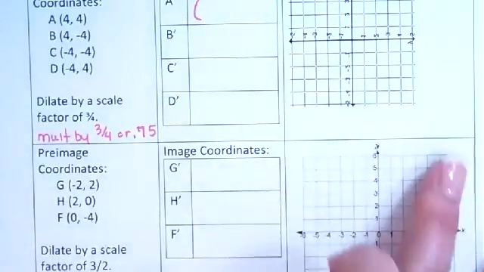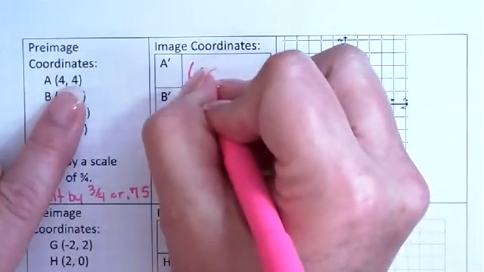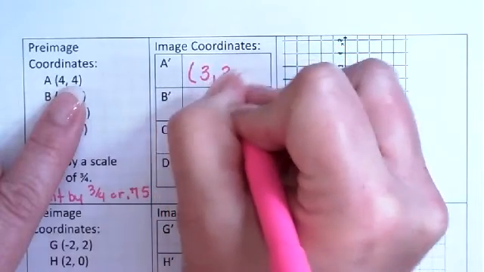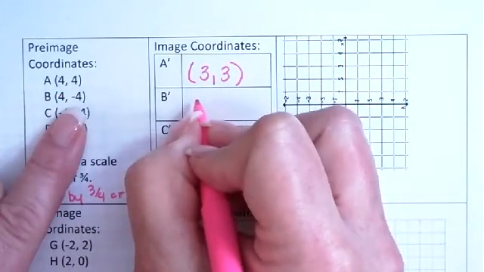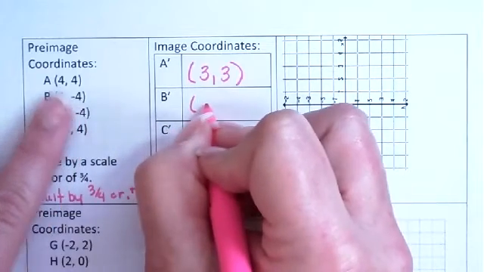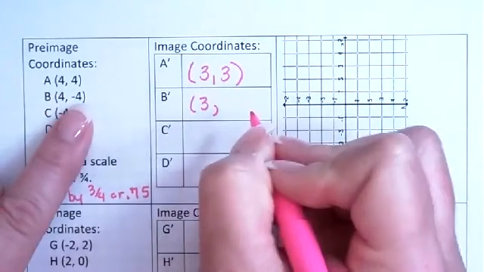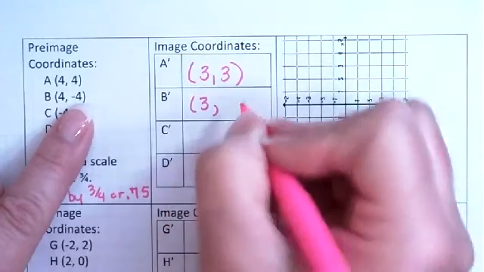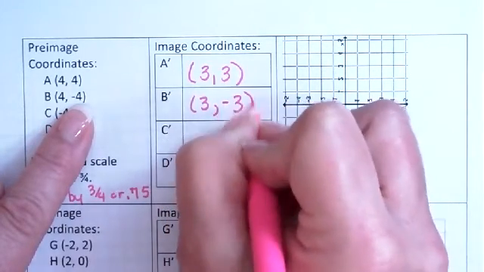Okay, so that means A, since it's 4, 4, that's 3, 3. Now B is 4, -4. So I already know from A that 4 is going to be 3. Now I can tell you right now, we've got enough number sense to know that this second number is also 3, but it's going to be negative because it starts off as -4.